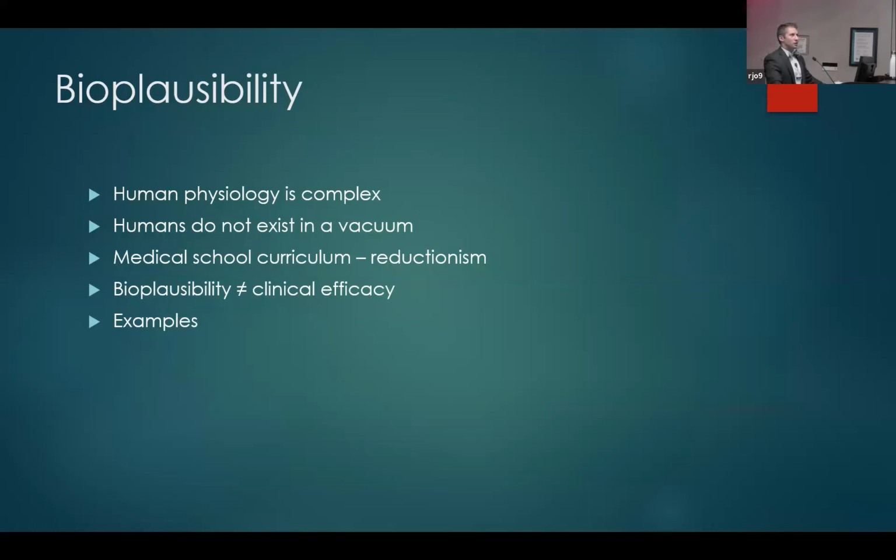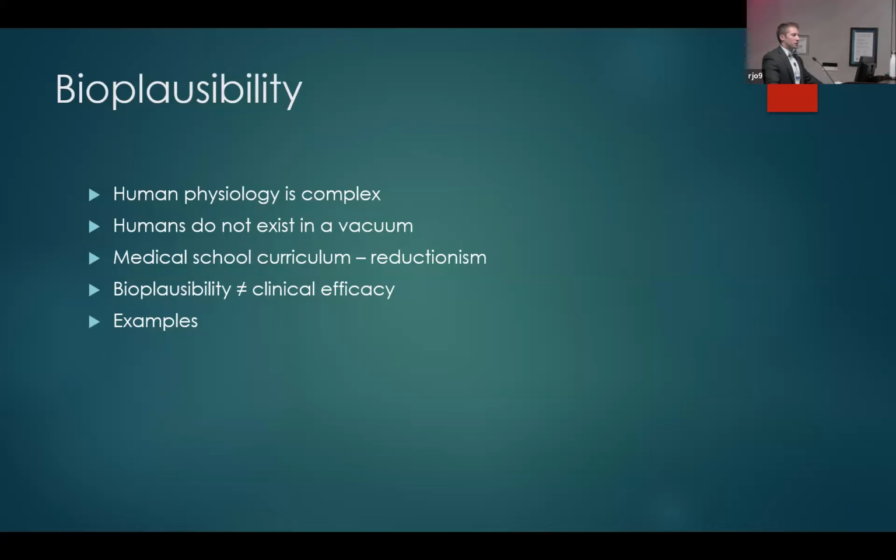However, human physiology is very complex, and it's not quite so simple. We don't exist in a test tube or a vacuum, and there's so many other influences on human behavior and physiology that it's impossible to surmise that affecting any one pathology via a cellular mechanism or some other way is going to actually affect the individual on a notable level.